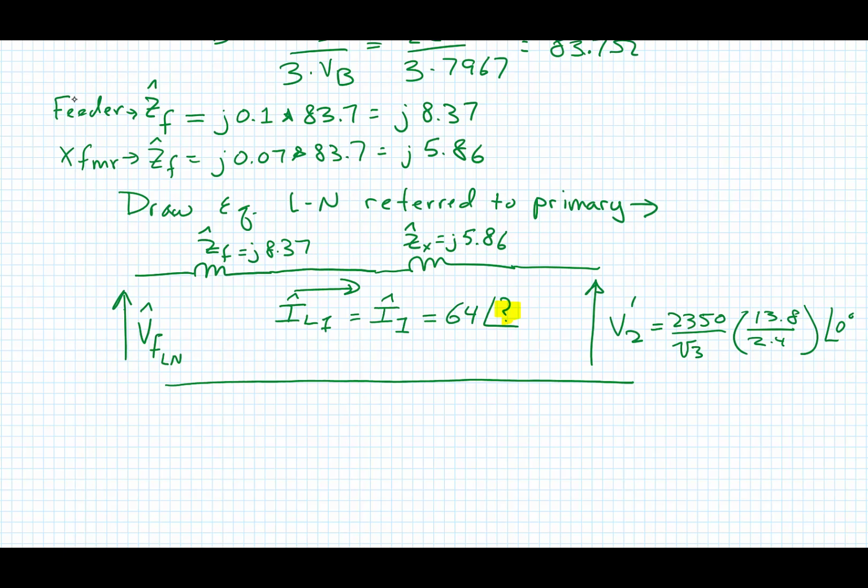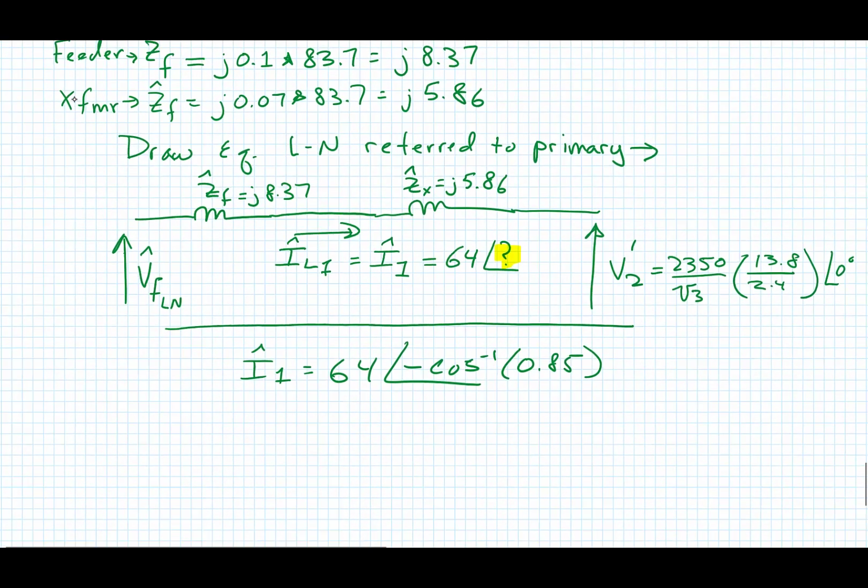So we know that I1 equals 64, negative, lagging, inverse cosine of 0.85. And so that is negative 31.8 degrees.